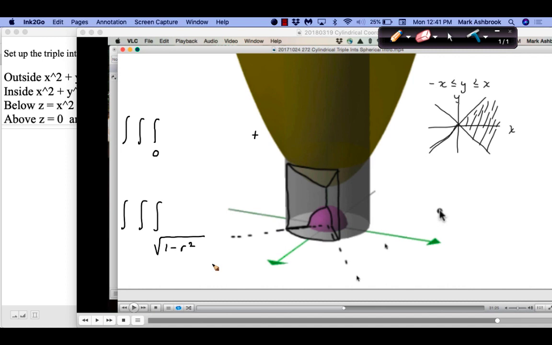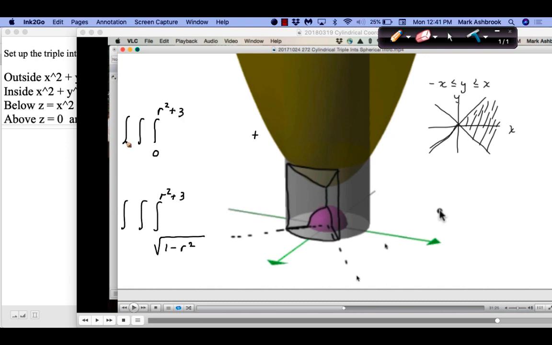And then what's the top? What's the top of this thing? The paraboloid, right? And it's always the paraboloid, regardless of whether the bottom is the sphere or the xy plane. The top is always the paraboloid. So that is r squared plus 3.